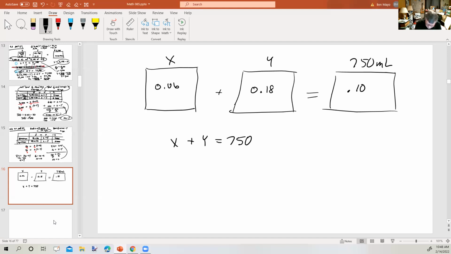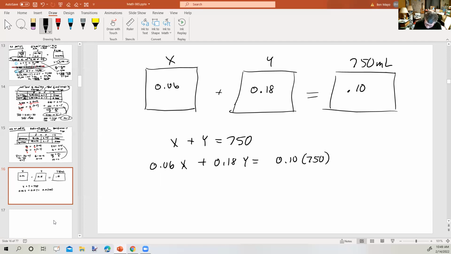Okay, so our second equation becomes 0.06x plus 0.18y equals 0.10 times 750. Any questions about that? All right.